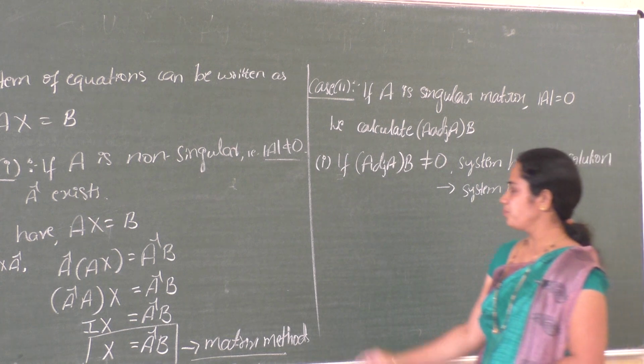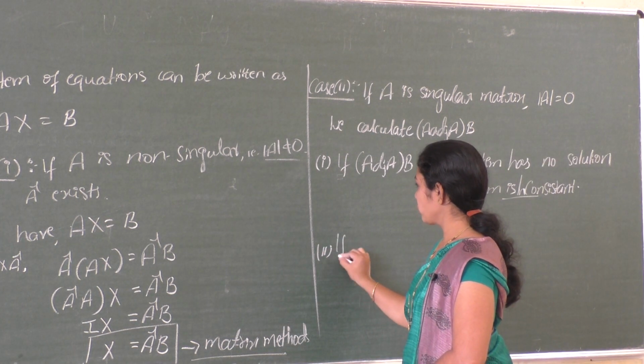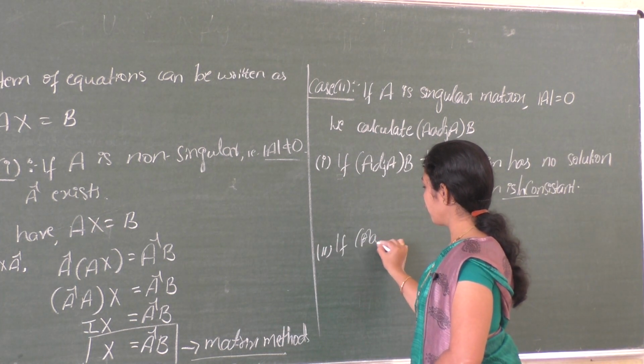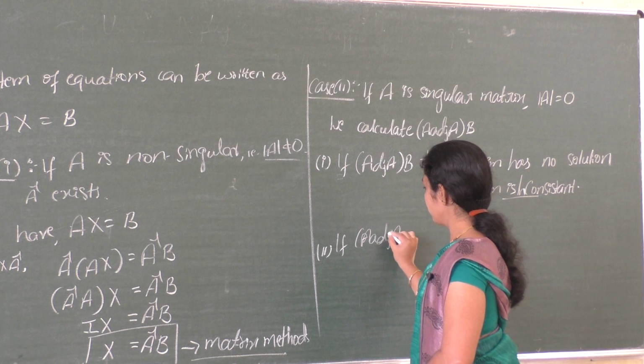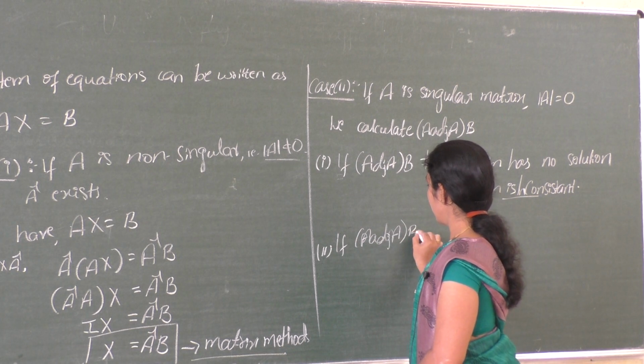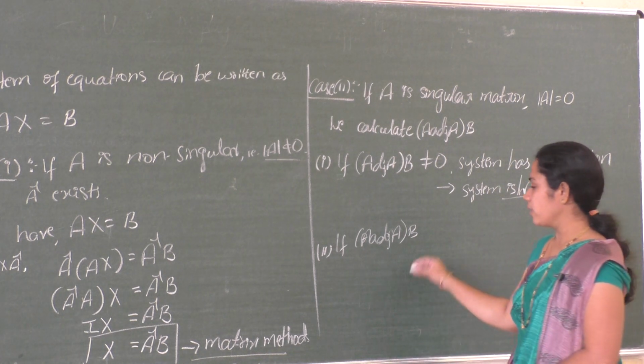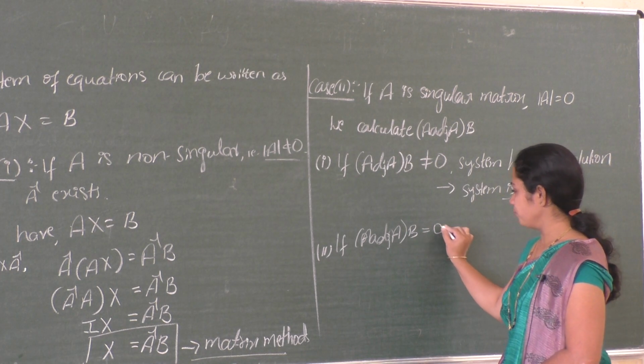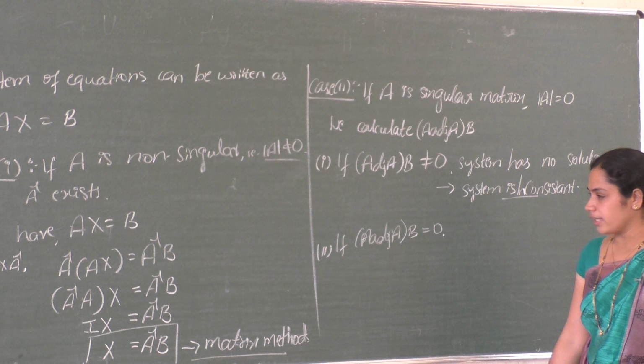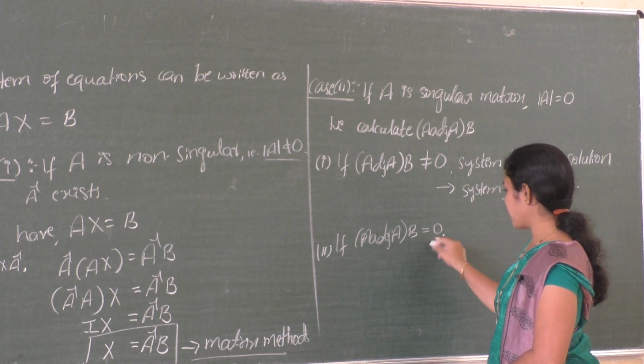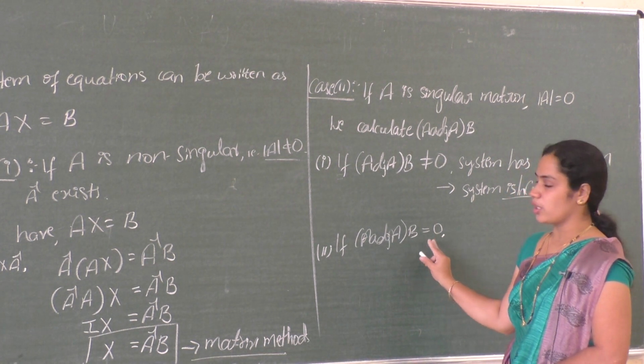Okay? Now, suppose adjoint of A into B is 0, then here there are two cases.